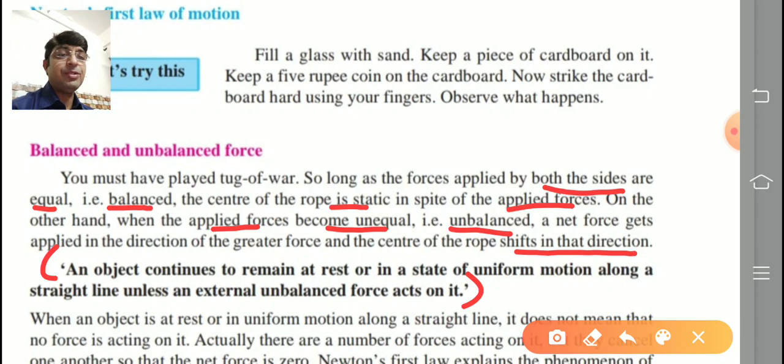It means if no force is exerted externally on an object, that object continues to remain at rest or in a state of uniform motion, that never changes unless an external unbalanced force acts on it. This is the statement of Newton's first law of motion.